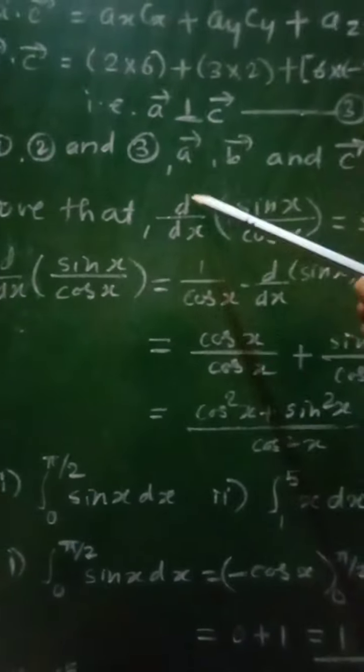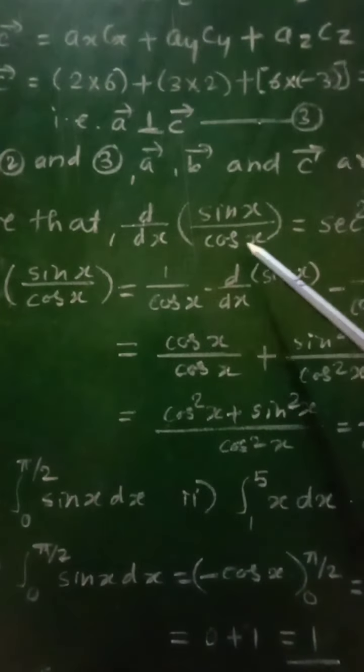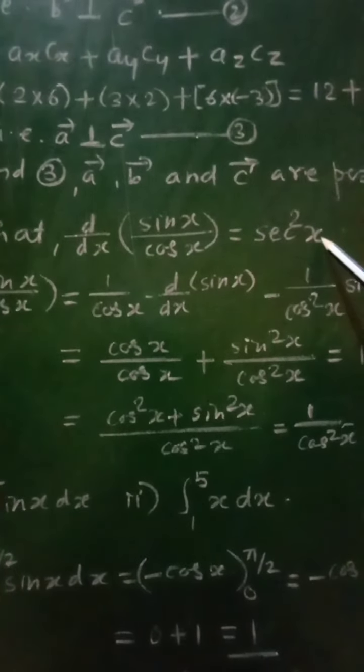So for this numerical number 6 we have to prove that d by dx of sin x upon cos x is equal to sec square x.